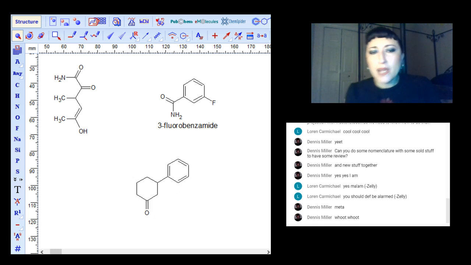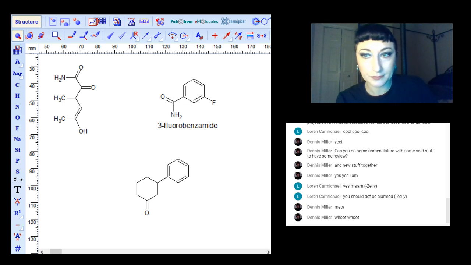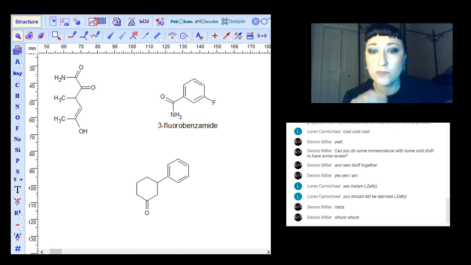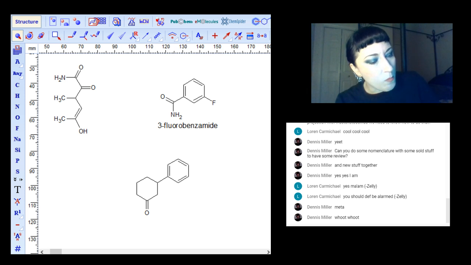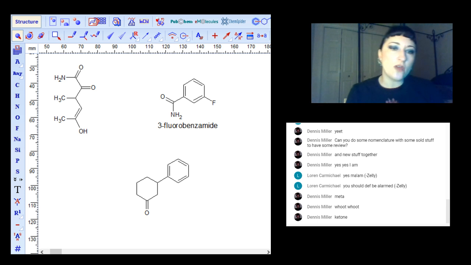So, what's my highest priority functional group on that molecule? Hopefully everybody's looking at that and saying, the ketone, of course. So that would mean that we need to name the molecule wherever that ketone is as having priority. So that would mean we would have a cyclohexanone, right?